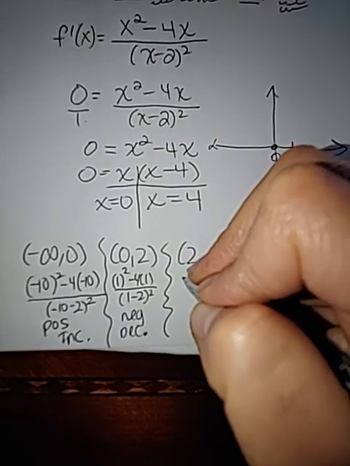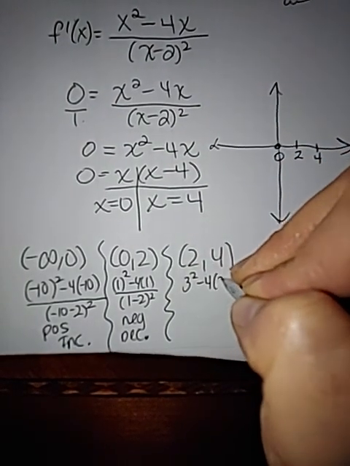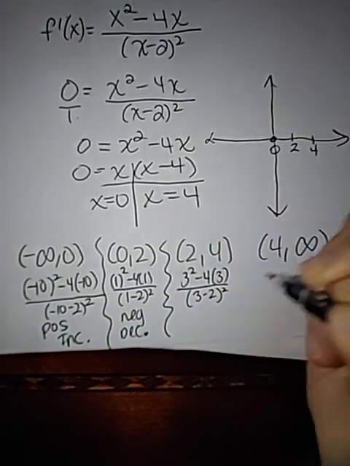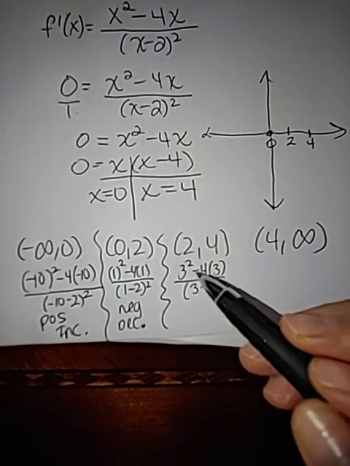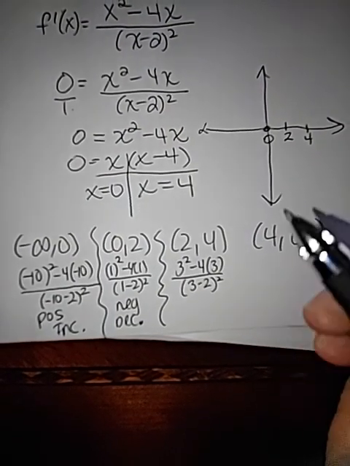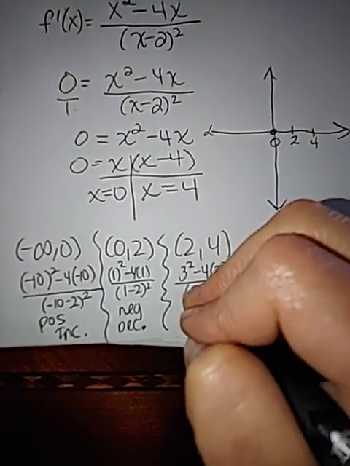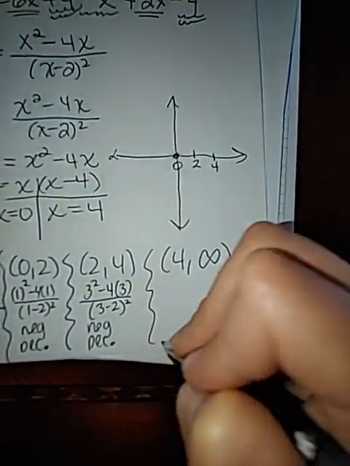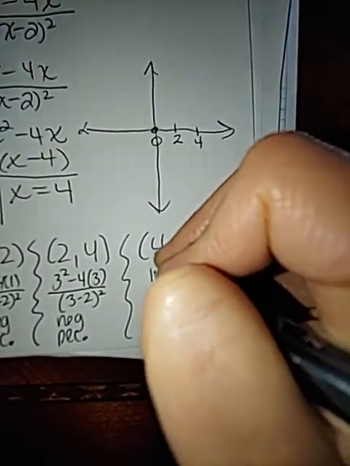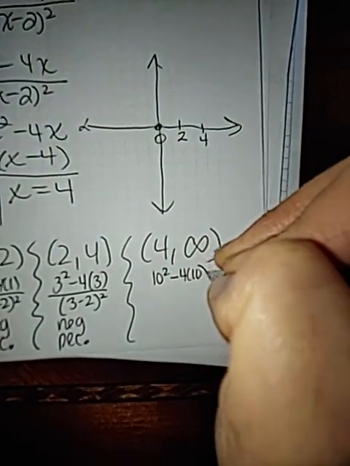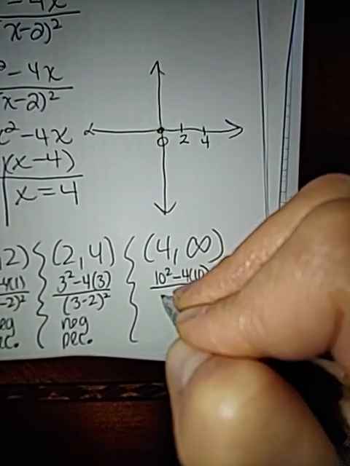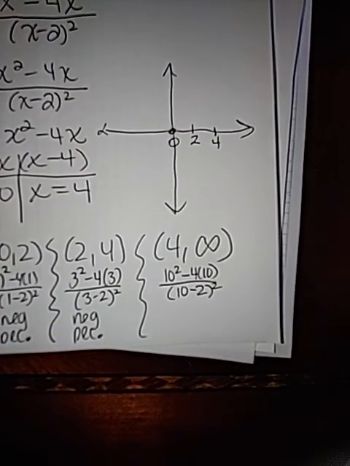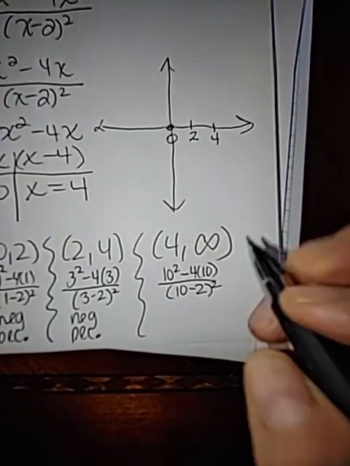Now I plug in 3. The bottom is still going to be positive. I have 9 minus 12, so that's negative on top. Negative divided by positive is negative, so the graph is decreasing at that point. And then finally, I have 10 squared minus 4 times 10 over 10 minus 2 quantity squared. So I have 100 minus 40, that's positive over positive.